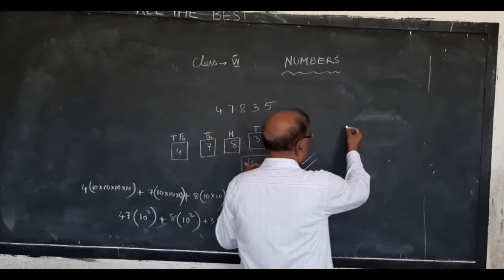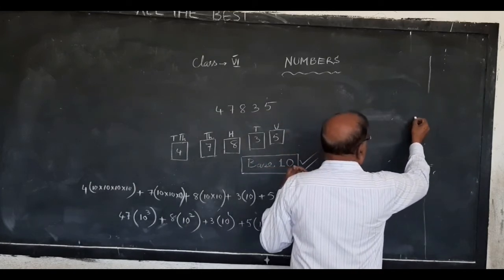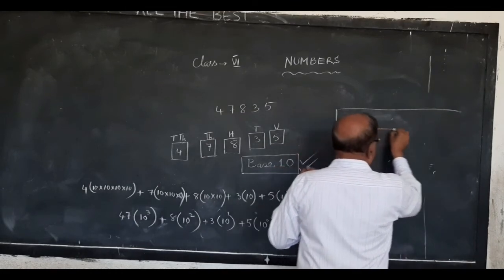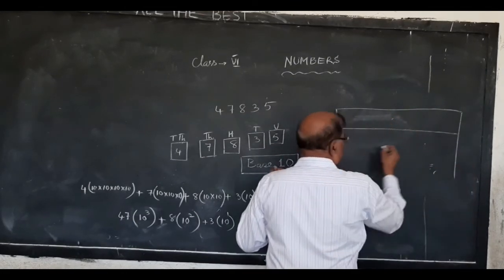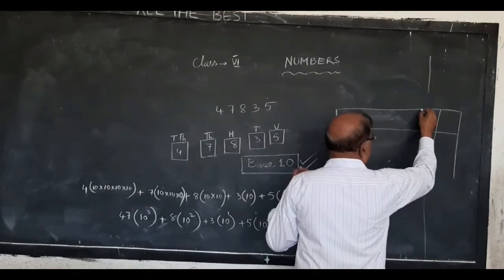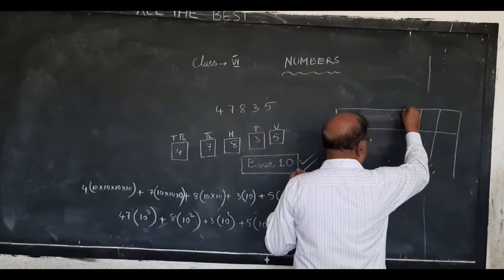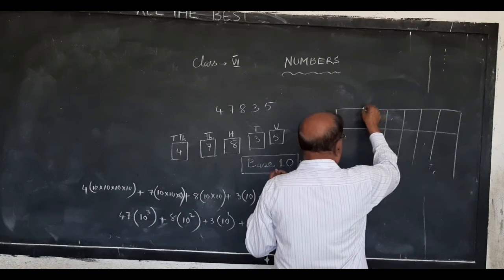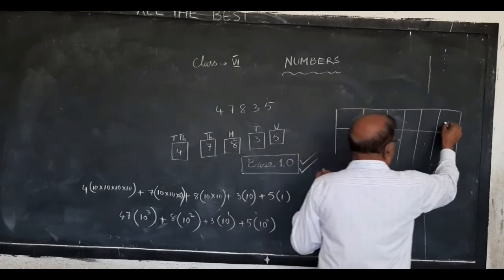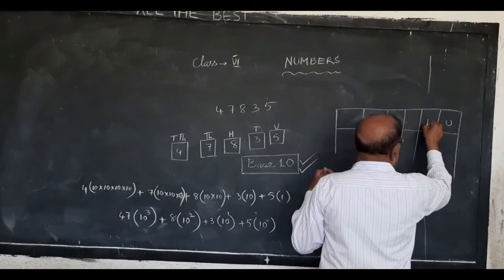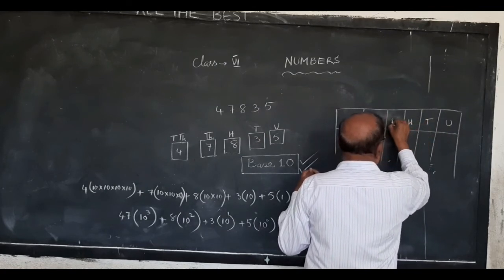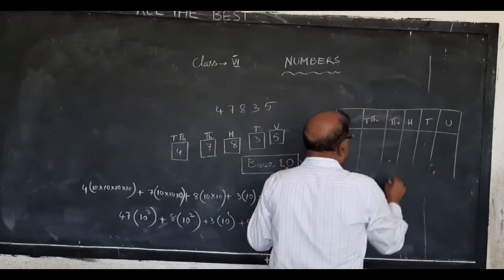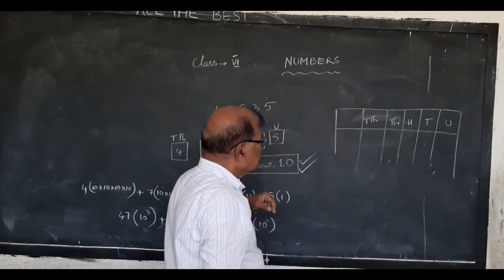Take one column like this: this is units, this is tens, this is hundreds, this is thousands, this is 10,000s.